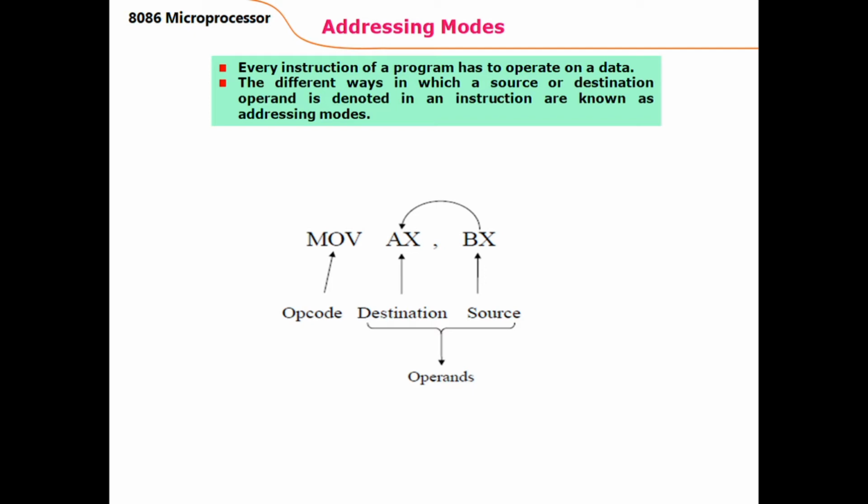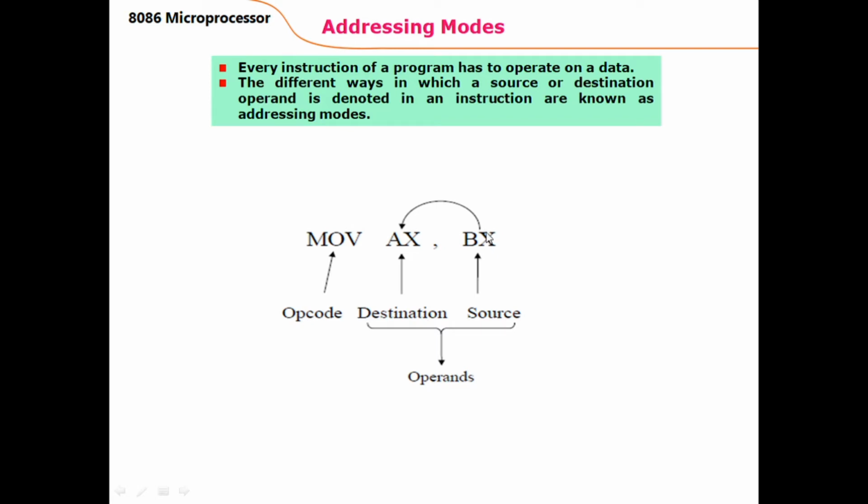To understand different addressing modes, we will follow a simple assembly language instruction called move. Here, a version of the move instruction is given. The operation code or the opcode of this move instruction is MOV, and this instruction has two operands. One is the source operand and the other is the destination operand.